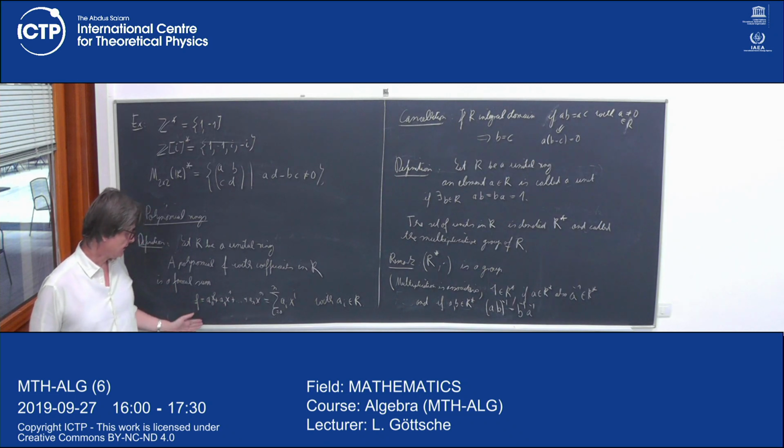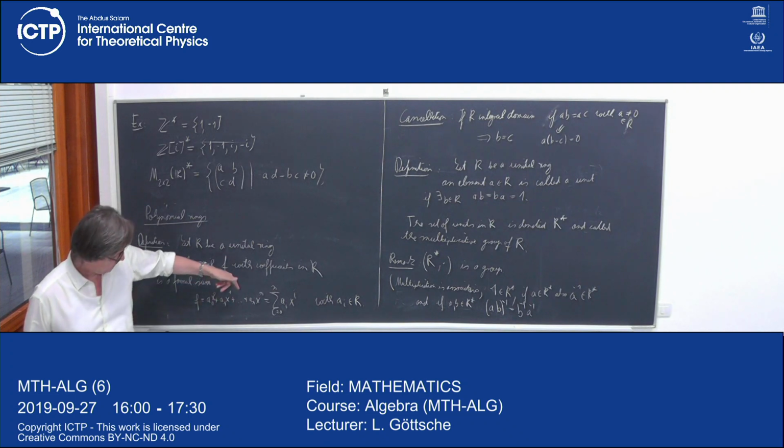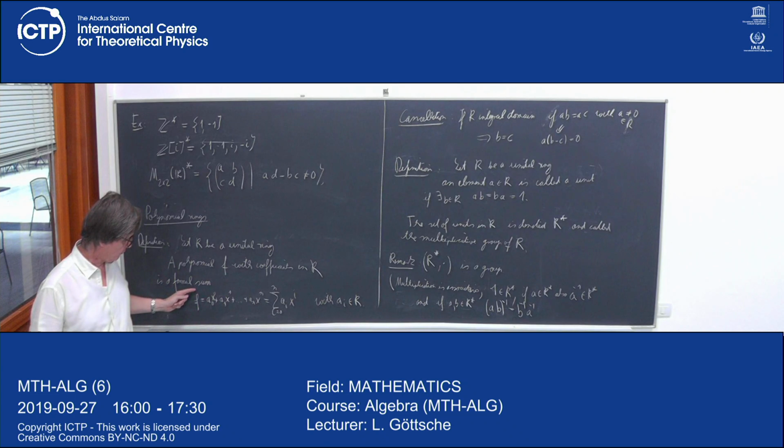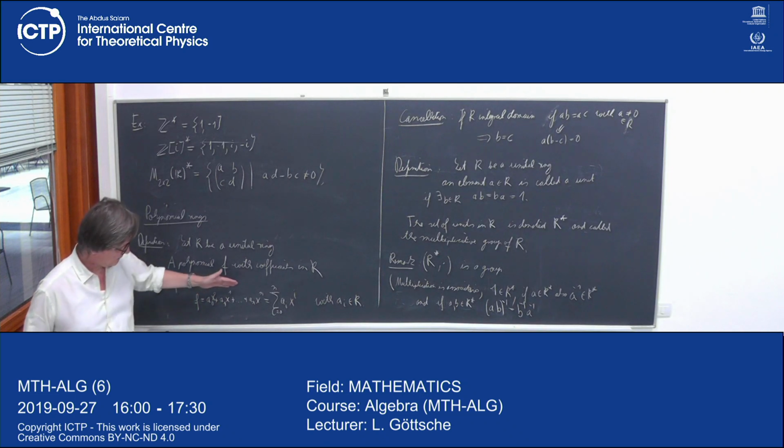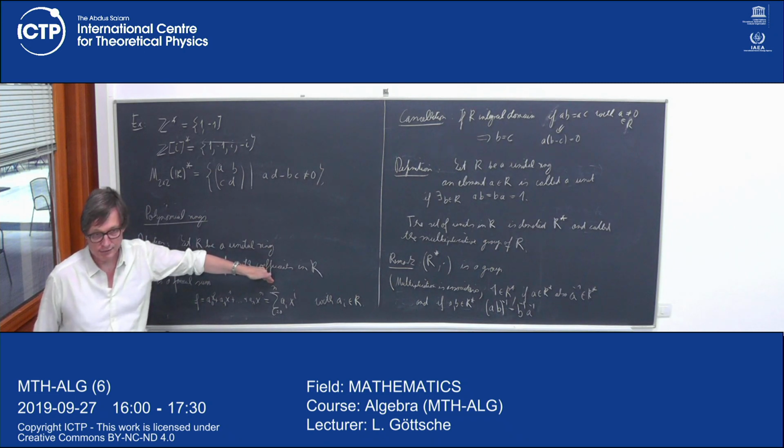If you have two polynomials f and g and they have the same coefficients except that one has more, and these are all 0, they are considered to be the same.